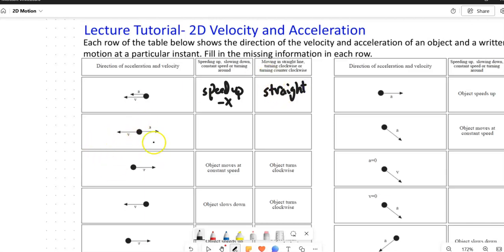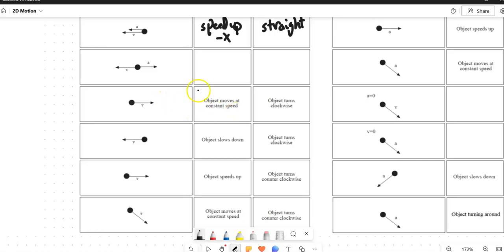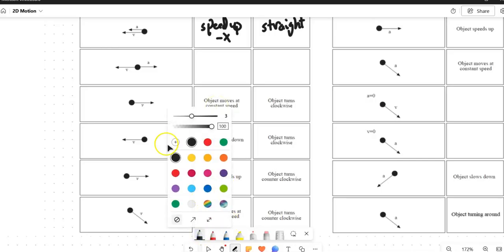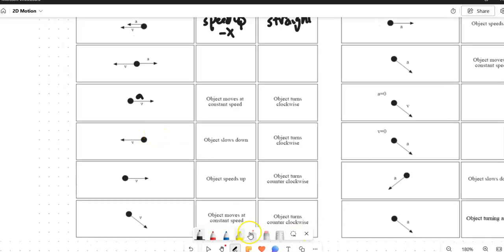In this case, let's do one that's very different. Right here, it says the object is moving at constant speed and it's turning clockwise. If it's moving at a constant speed, it has no acceleration in the x direction, well, parallel to its direction of motion.